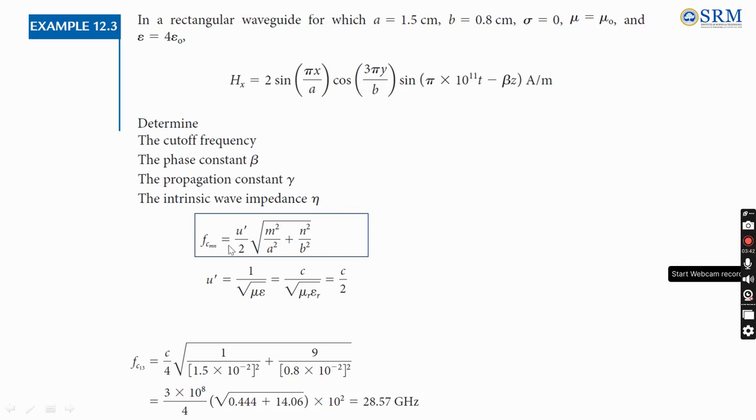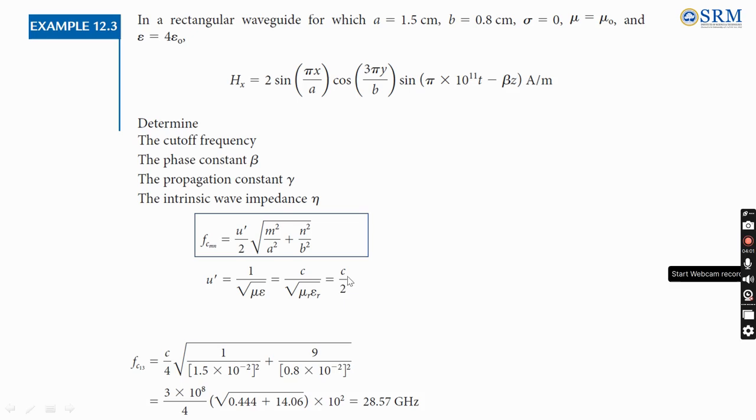The cutoff frequency formula we are aware of. There we have to just replace the values given here. Instead of mu, we have to substitute mu naught, and instead of epsilon, we have to substitute 4 epsilon naught. In that case, root of 4 will become 2.